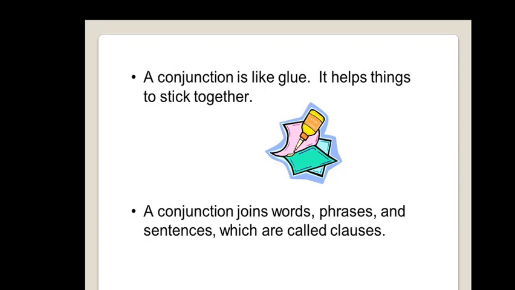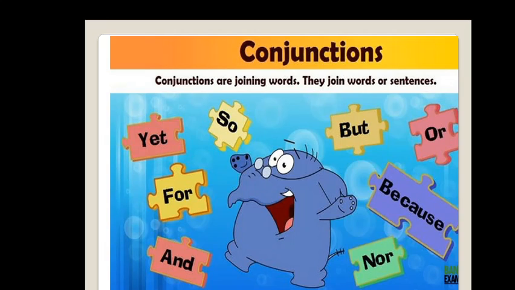Conjunctions join words, phrases and sentences. Conjunctions are joining words. They join words or sentences. Examples of conjunctions are because, for, or, but, so, yet, and.